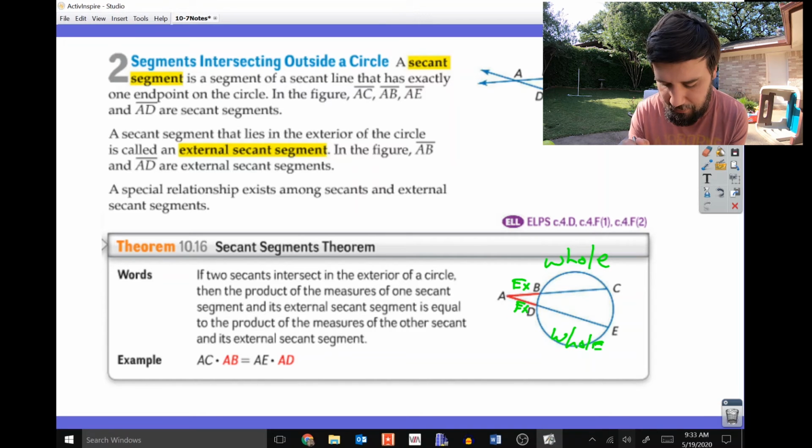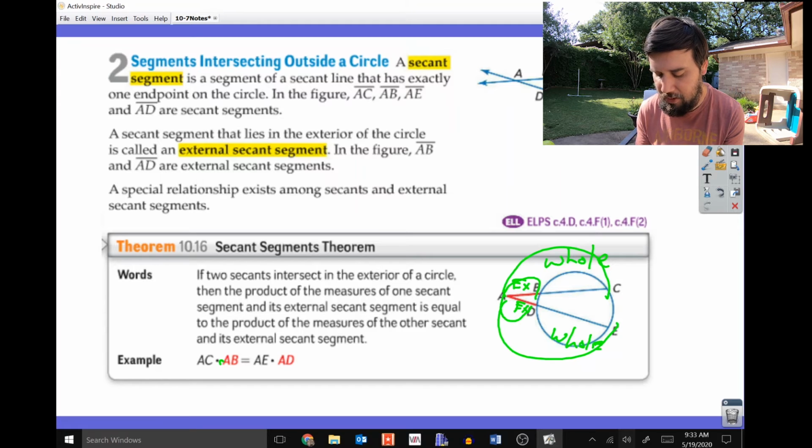So it's a little bit different here. Here we're saying that AC, this whole thing, times the exterior piece, AB, is equal to AE times its exterior piece, AD.